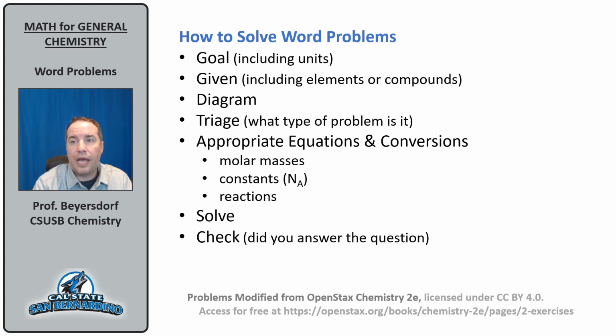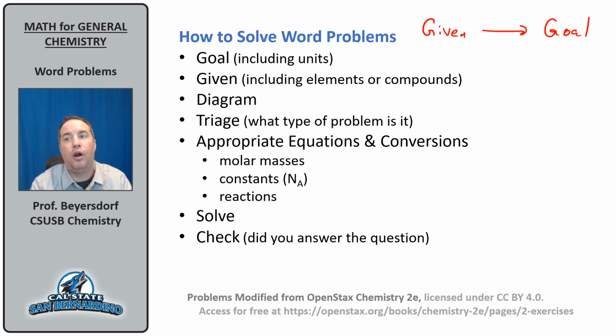Then you can draw a diagram. This is really important if it's talking about something you do in a lab or during an experiment. So you might have a beaker and you add some stuff and now it's increased the volume, stuff like that. Then you triage. In triage, you try to figure out what type of problem it is. By the end of Gen Chem, you'll have a lot of different problems that you'll have to deal with. And so you have to figure out, okay, hone in on what kind of problem.